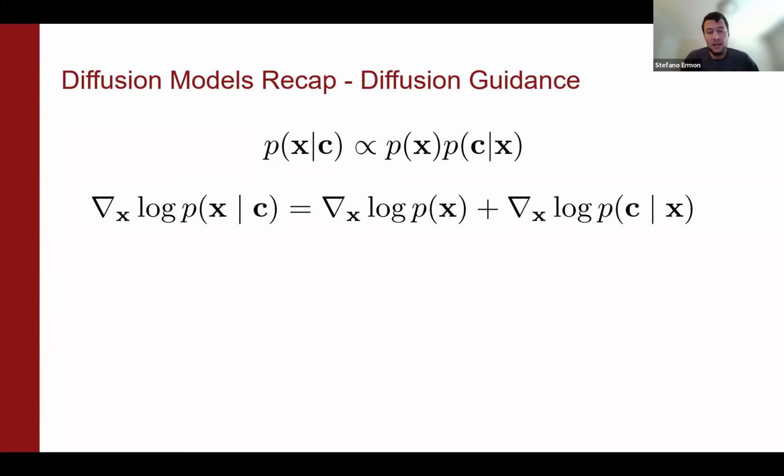Essentially, there is a prior P of X, and then there is a CLIP model, where C is the caption and X is the image, and the CLIP model tells you how consistent the caption is with the image. Effectively, you're steering the generative process to produce images that are likely under the prior, and that are consistent with the caption, which is C in this case, provided by the user.